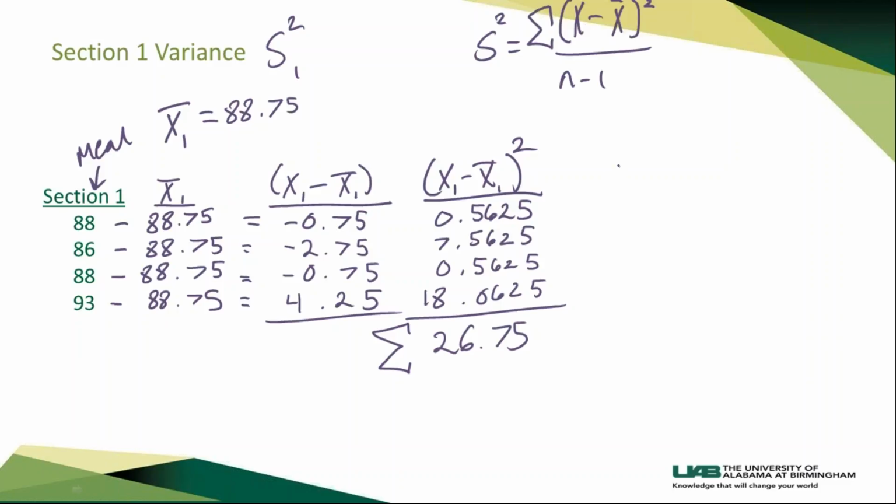So we have the numerator here. And here we have n minus 1, so we have 4 people in section 1.